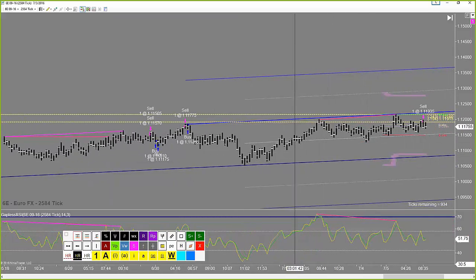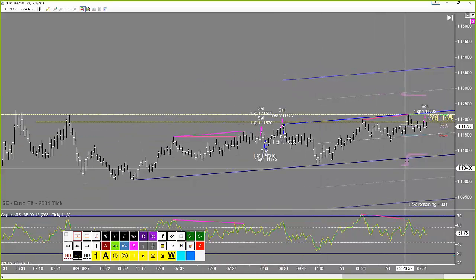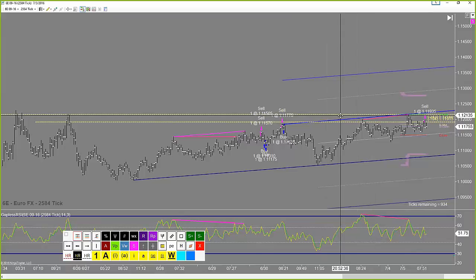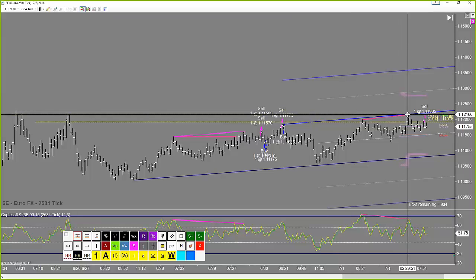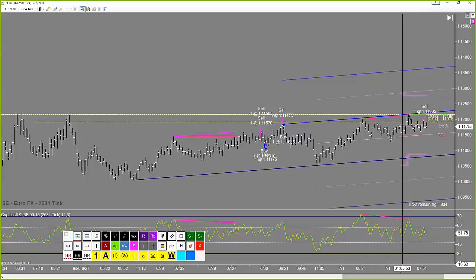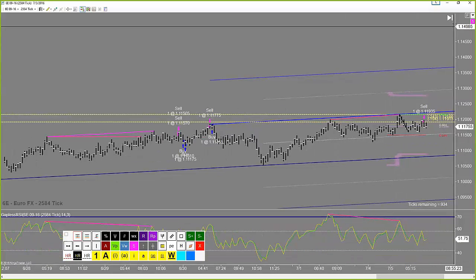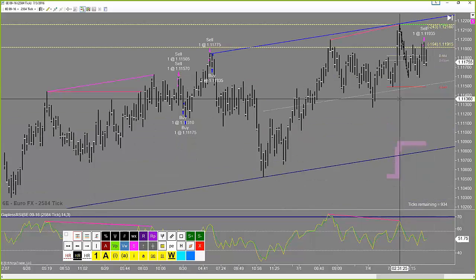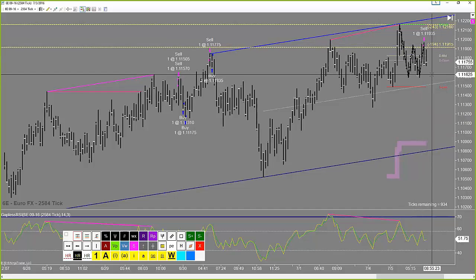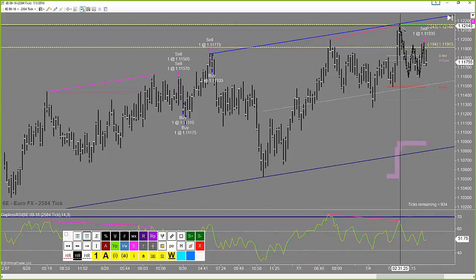All right, so anyhow, up at that high at 3 in the morning, that's Tuesday morning on the 5th, you can see we had come up to the top line being that value area low of the big swing down. All right, and then we get this impulsive move down here, which is really a pretty big move. And then we get this really nice and symmetrical ABC move right back up for, I believe, a 61.8 retracement.